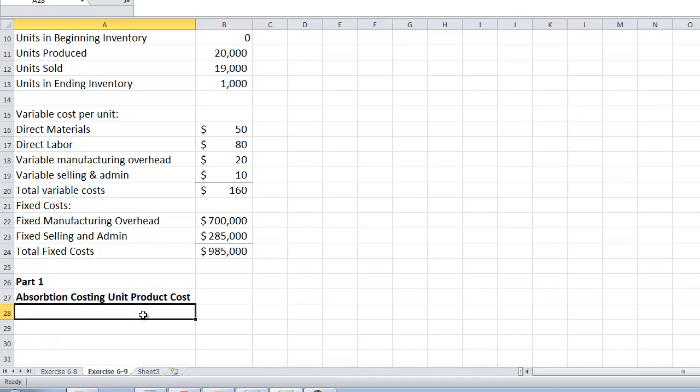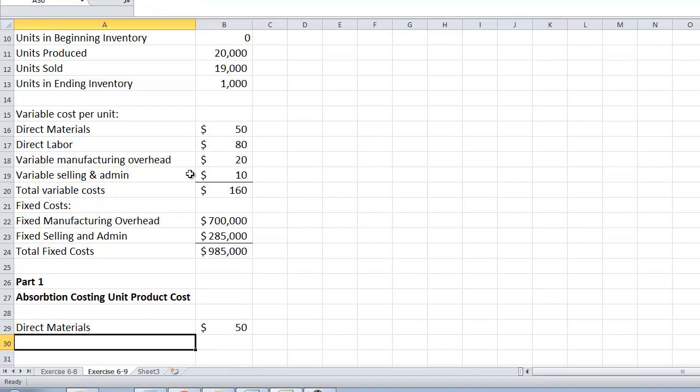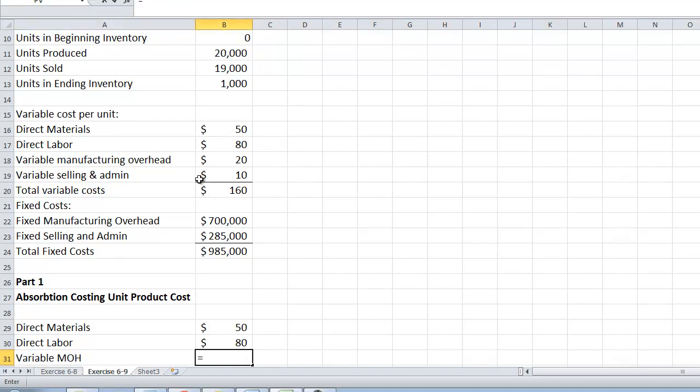In absorption costing, we include direct materials, which equals $50. We include the direct labor, which equals $80. We include the variable manufacturing overhead, which is $20.